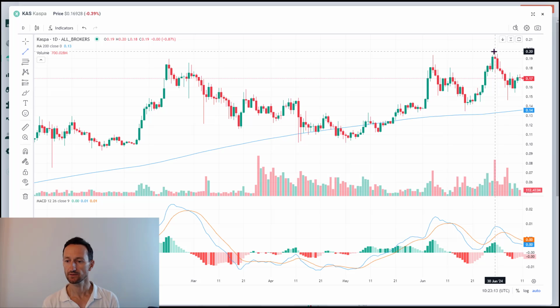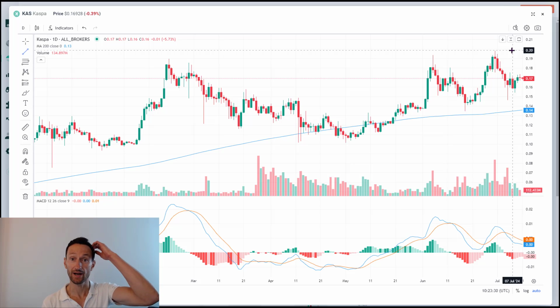Just recently, less than 2 weeks ago, 11 days ago, it reached that level and got rejected again. Clearly, this is where a lot of the supply from sellers, the selling pressure, arises. And so there's a lot of sellers here.